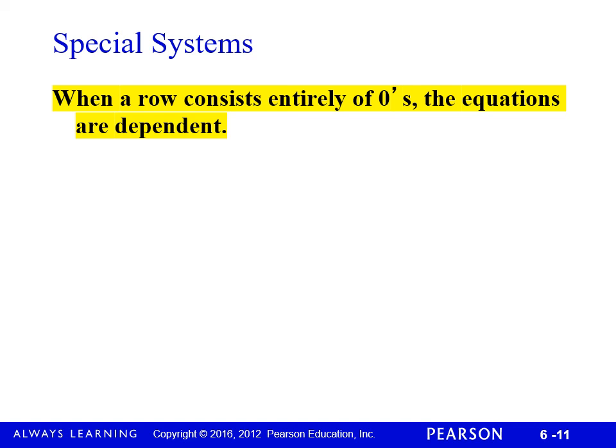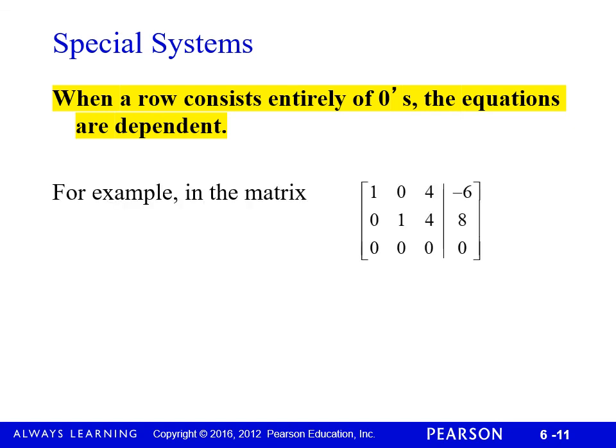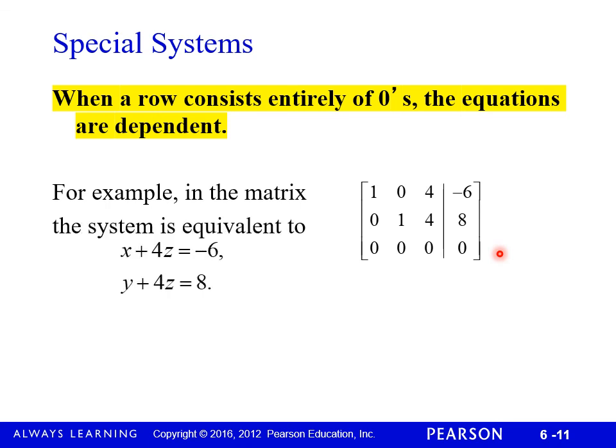So just a couple last things to be mindful of. When a row consists entirely of zeros, the equations are dependent. So here you can see the bottom row is all zeros. Now remember, when all the variables disappear and you get a true statement, that means that they're really the same thing, or there's an infinite number of solutions.